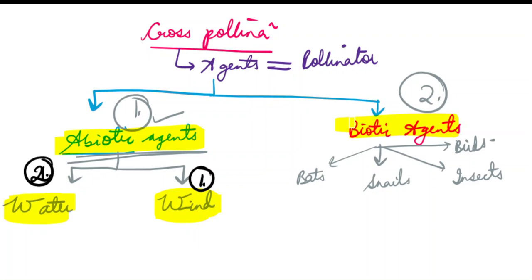Okay, biotic agents. Like I told you, we are going to study several types. Firstly, we will study insects, which is very important. Secondly, we will study birds, and third, we will study bats.